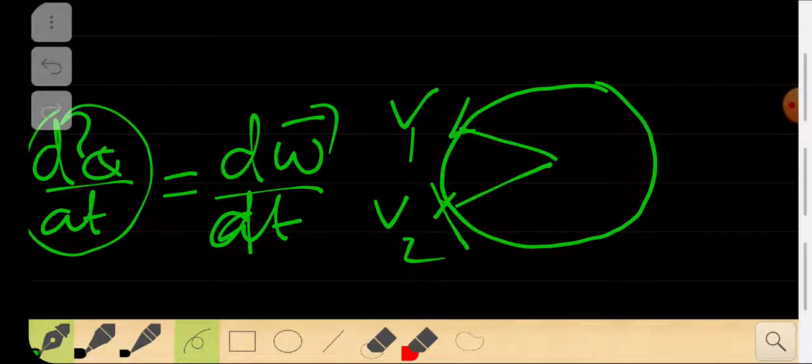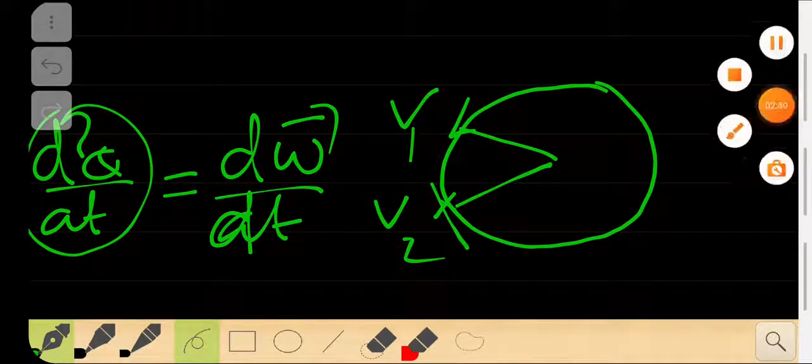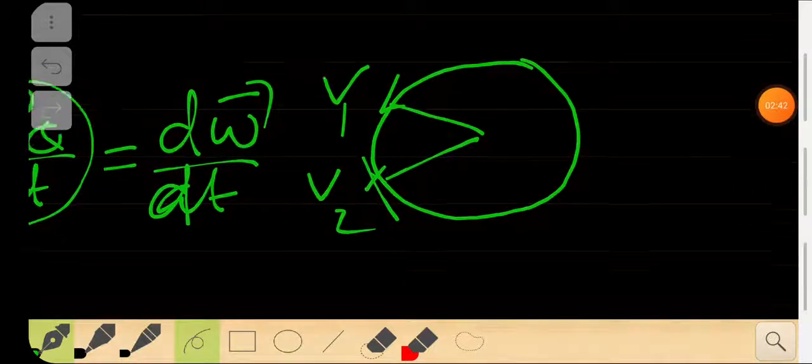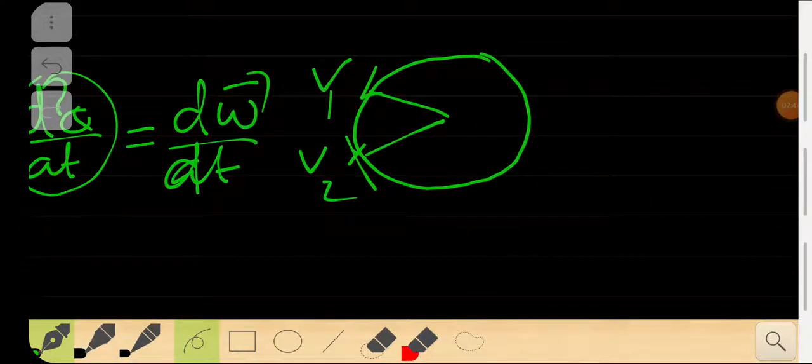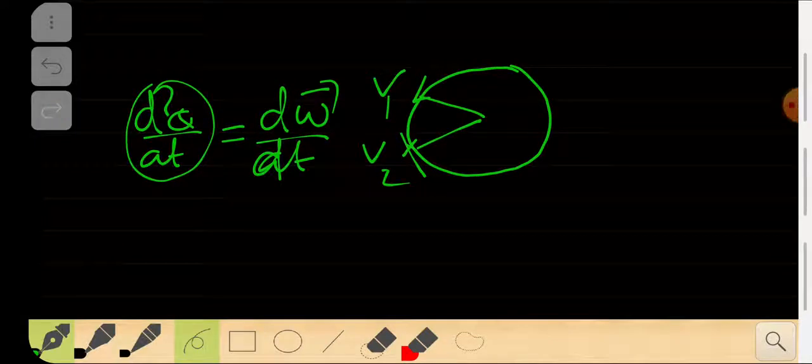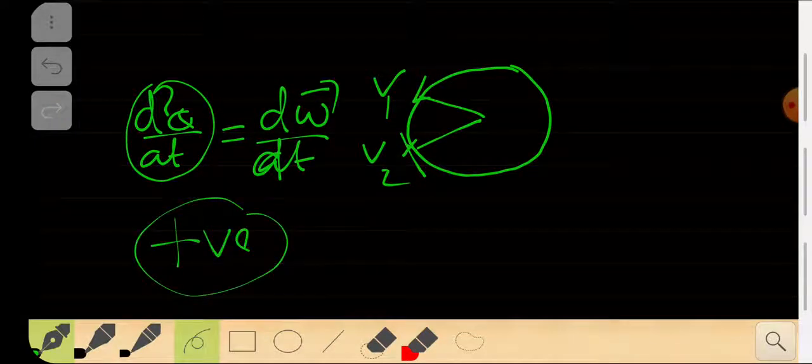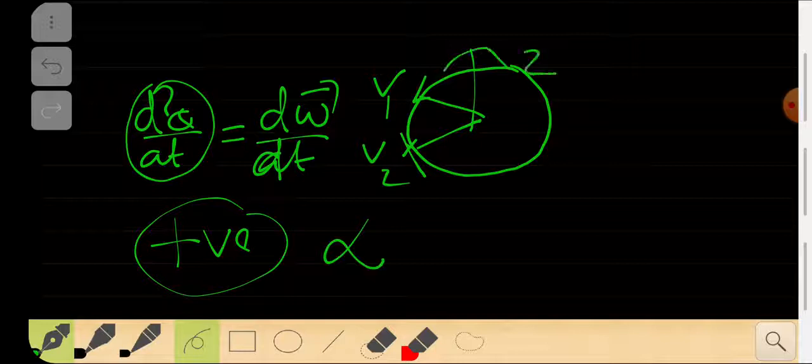If it is increasing, then d omega by dt will be a positive value. So that means alpha, d square theta by dt square, will be in the positive z axis, right? Positive z axis.